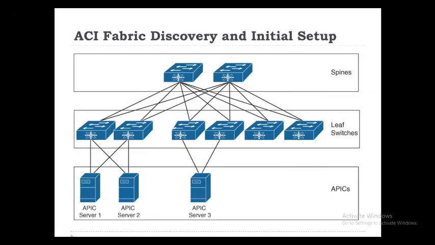But what I'm trying to say is APICs are not connected to spine. This is the physical design. APIC is connected to leaf and leaf is connected to spine. Then how can I discover spine via leaf? APIC needs to first discover all these devices.